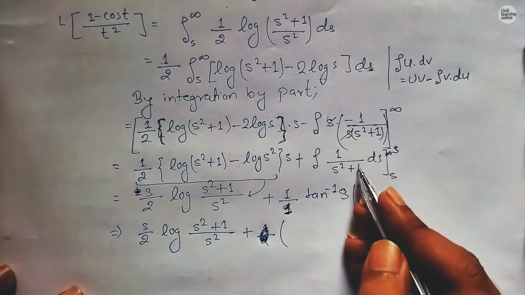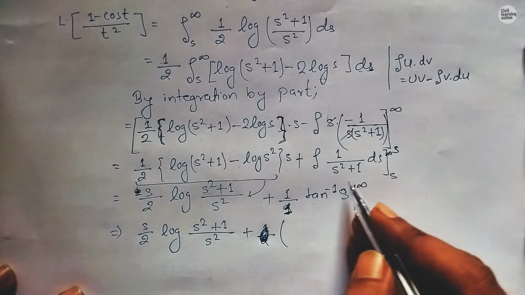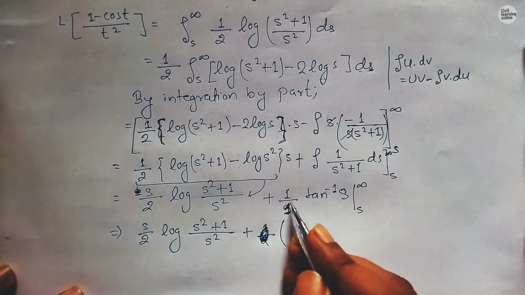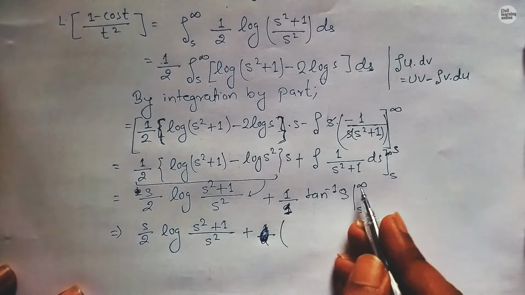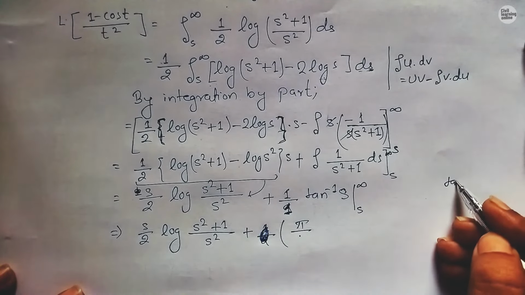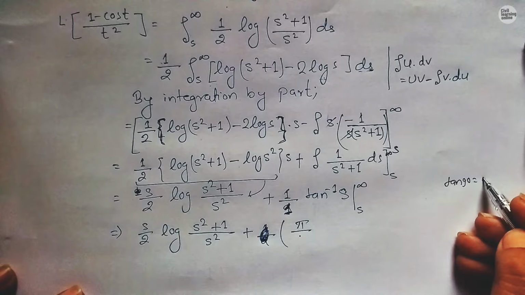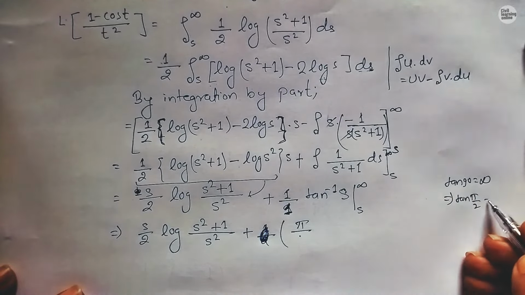In place of a in the formula we have 1, so 1 upon a means 1 upon 1, so it is 1, and tan inverse infinity: tan 90 equals infinity, tan 90 means pi upon 2 equals infinity.